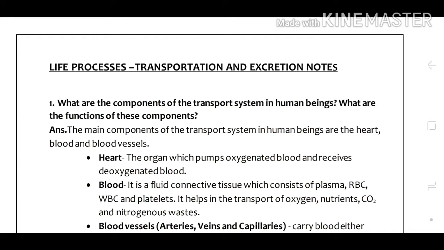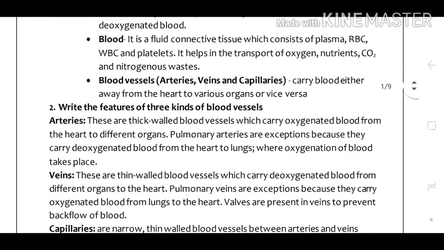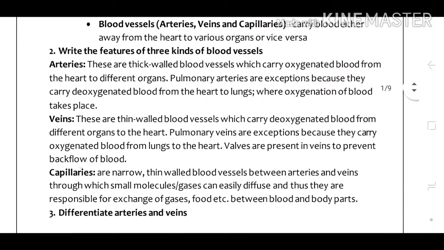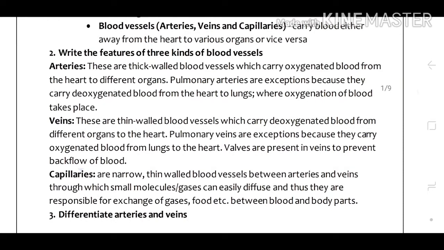It helps in the transport of oxygen, nutrients, carbon dioxide and nitrogenous wastes. Blood vessels: arteries, veins, capillaries carry blood either away from the heart to various organs or vice versa.